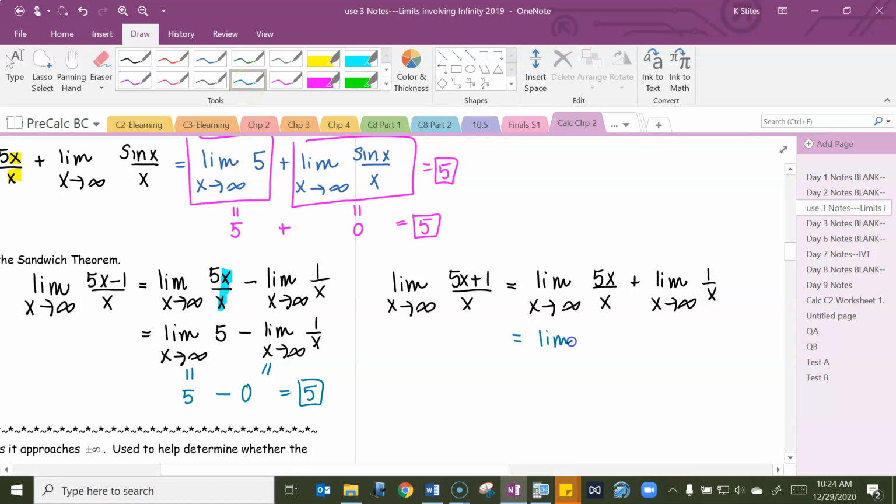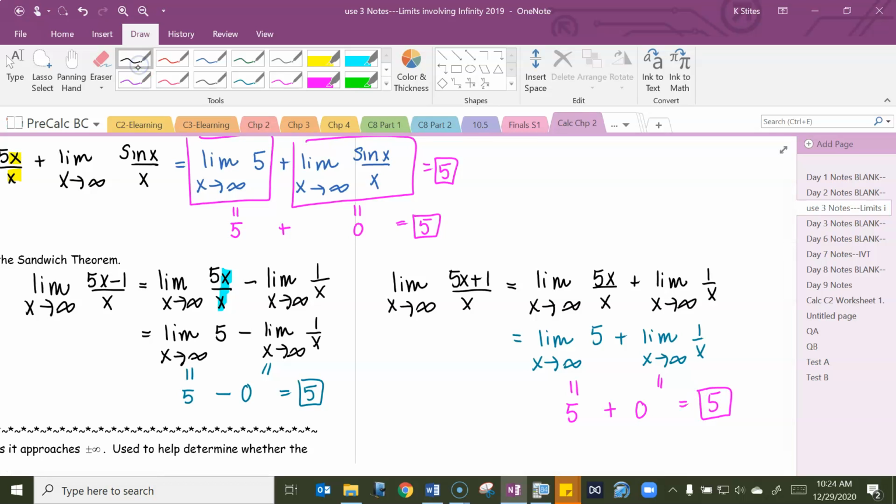The x's cancel. And we can see we're going to get the exact same thing. This is still a 5 plus, this is still a 0. So we're going to get a 5 for both.